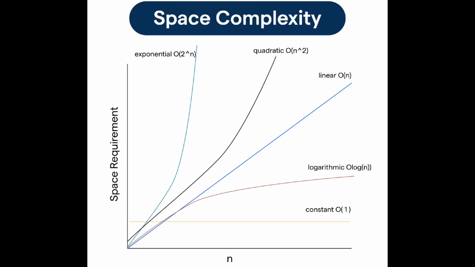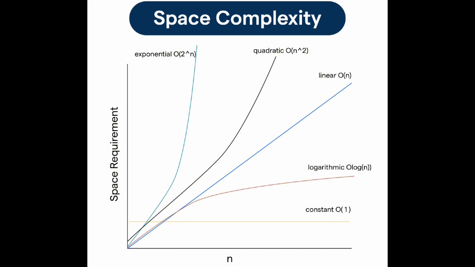Now, what is space complexity? It's a computational metric for measuring the amount of memory that an algorithm requires to execute. It includes both the space needed for the input values and additional space used for variables, data structures, and any overhead created by the algorithm during its execution.